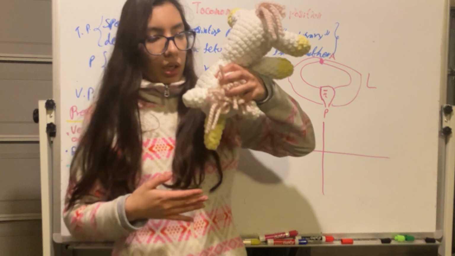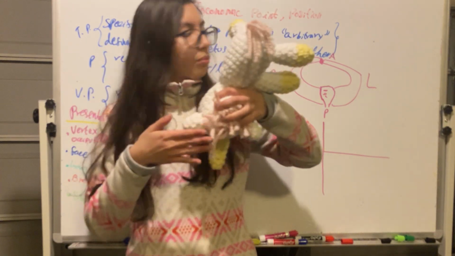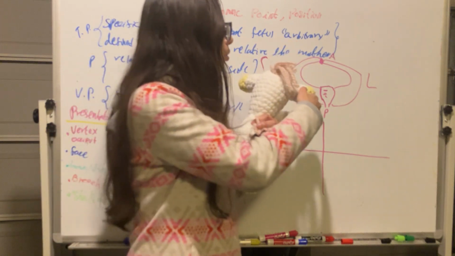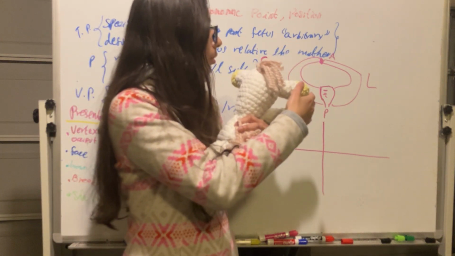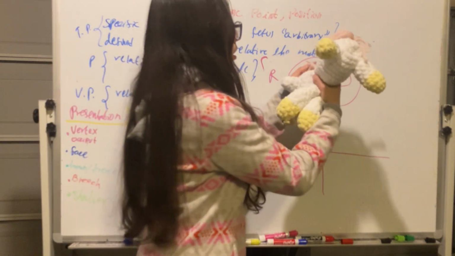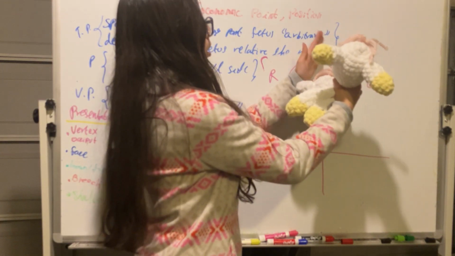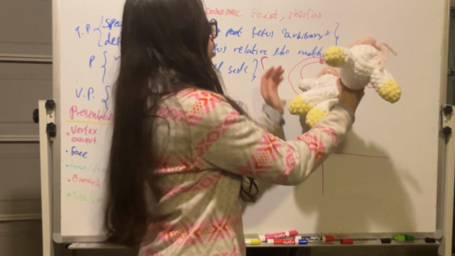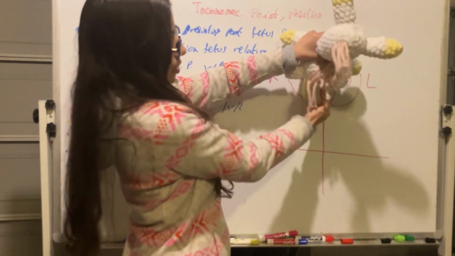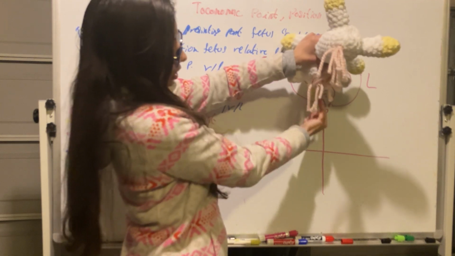Relative to the pelvis, this tocogonic point can be pointing anterior, or it can be pointing posterior. Look, here it is pointing posterior.